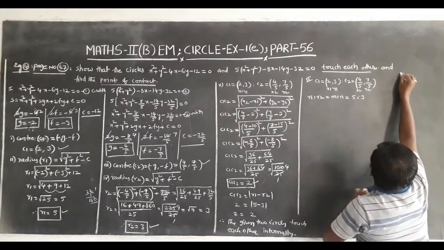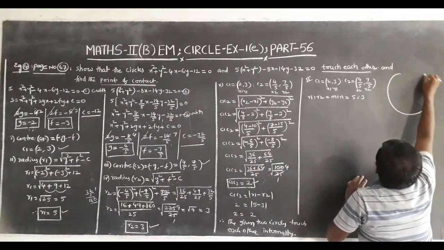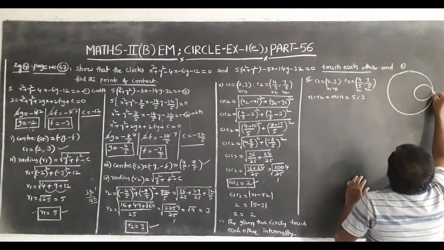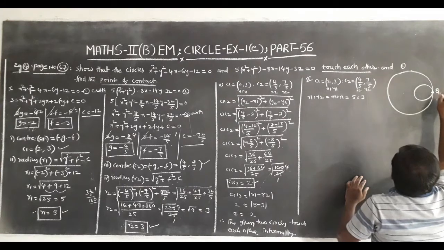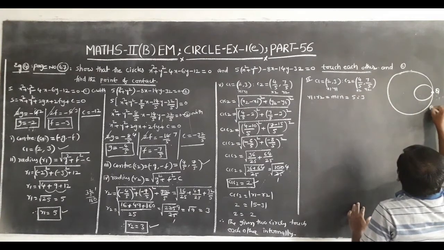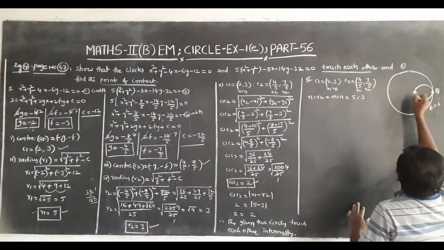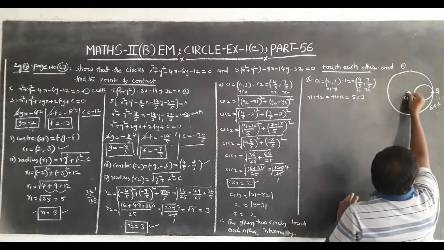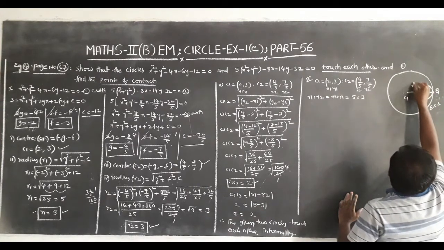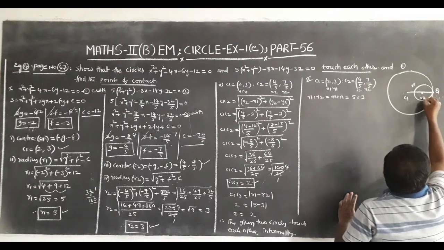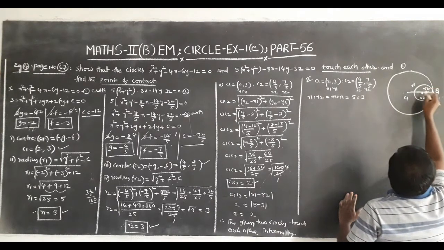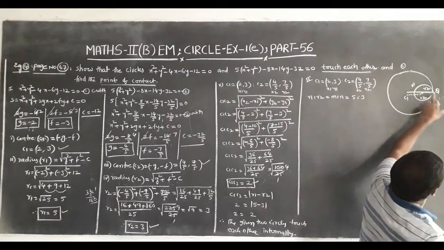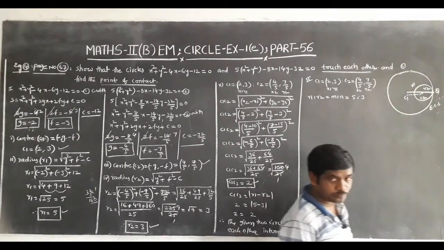If two circles touch each other internally, the point of contact is the external center of similitude. This is C1 with R1, this is C2 with R2. Here C1C2 is equal to R1 minus R2.